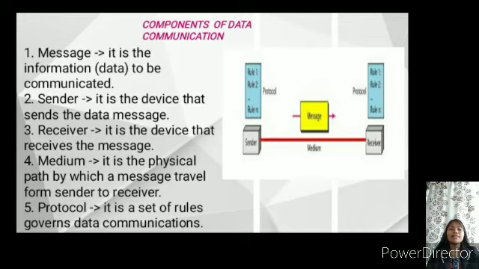Protocol is an agreed upon set of rules used by the sender and receiver to communicate data. Protocol is a necessity in data communication, without which the communicating entities are like two persons trying to talk to each other in different languages without knowing the languages.